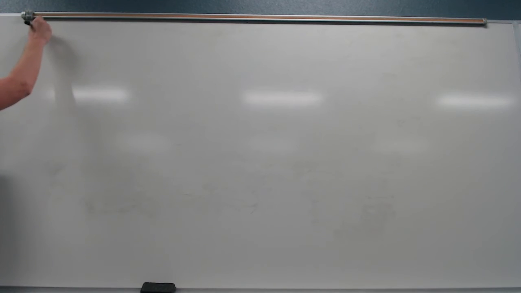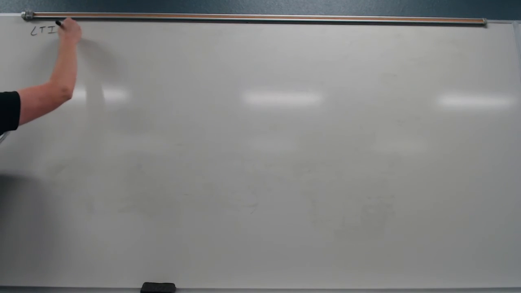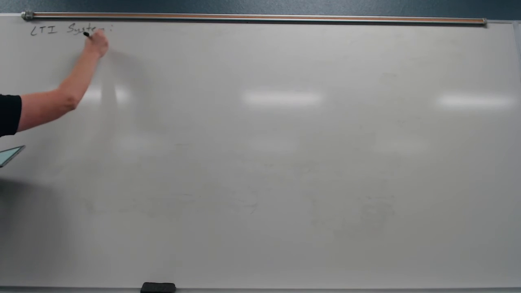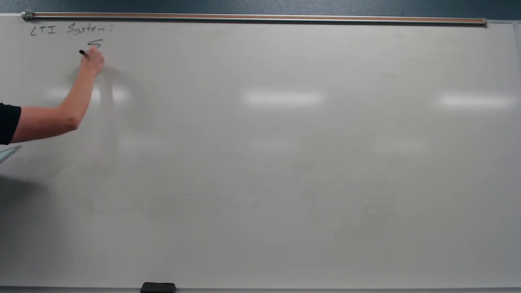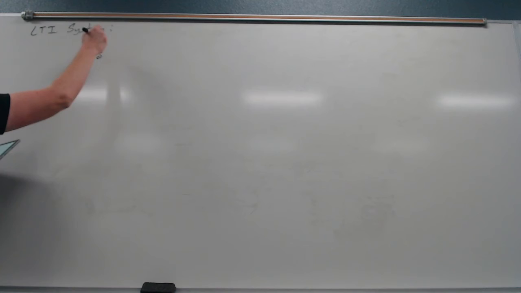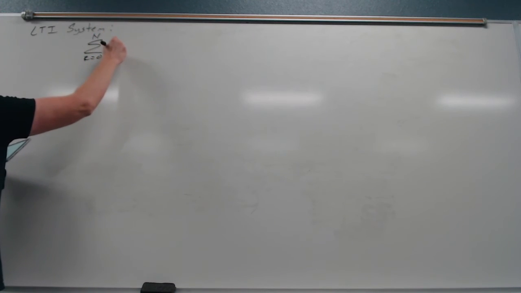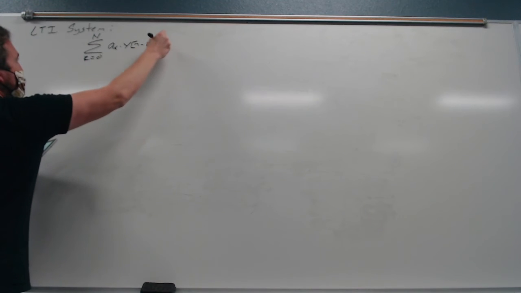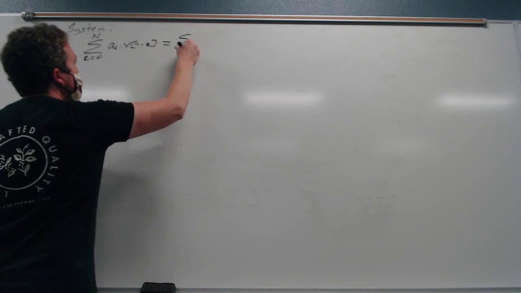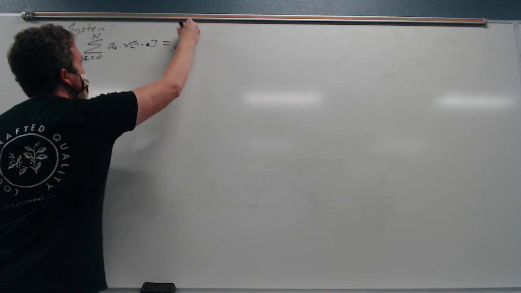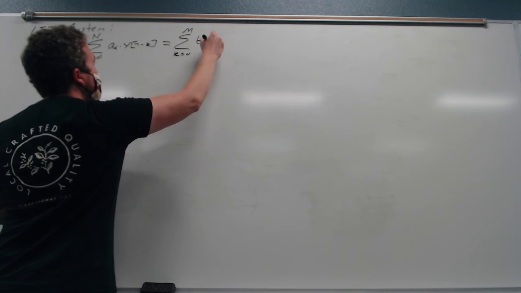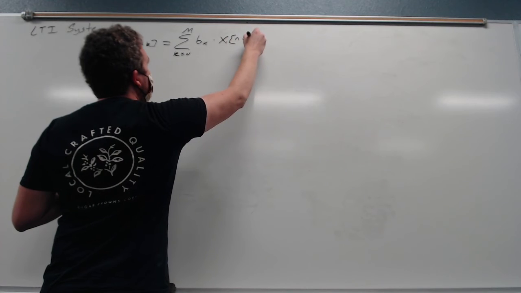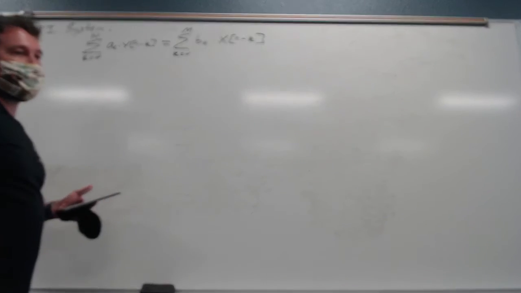So let's see, LTI system represented by this guy. Series from k equals 0 to n of a of k times y of n minus k is equal to the series from k equals 0 to m of b of k times x of n minus k.